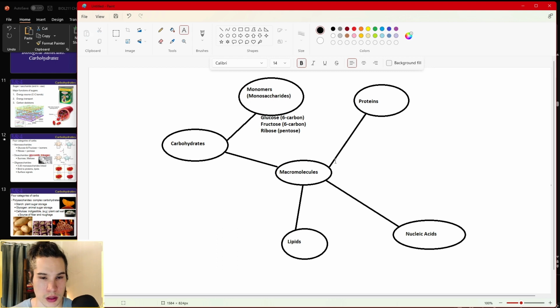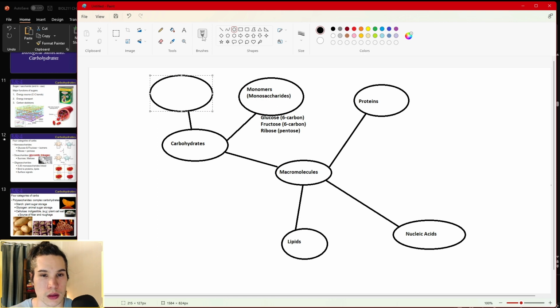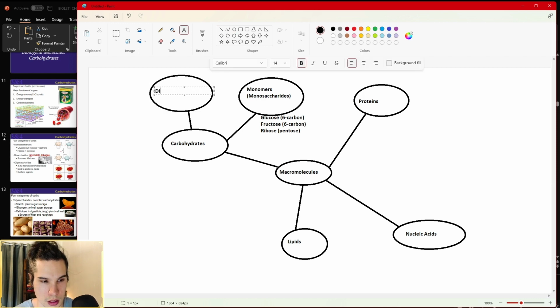Now I'm sure the textbook includes a lot more. You can include those if you want. I'm just going to include what I have listed in the PowerPoint. So that's our monomers. What's another category? We could go pretty linearly. What are some dimers or disaccharides? Dimers, di meaning 2. Disaccharide, di meaning 2. And that's just two of your monomers linked together.